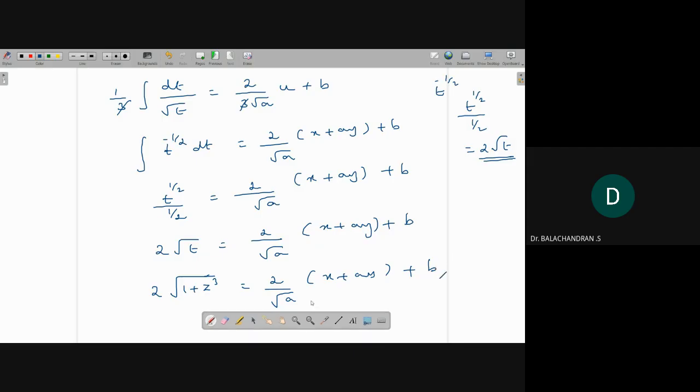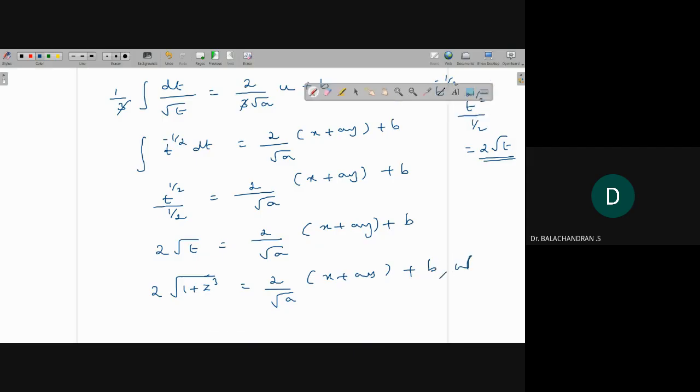This is the complete solution of equation 1. The general solution and singular solution you should do as in the previous problem. I will not write again because, especially for type 3 problems, the complete solution is more important.